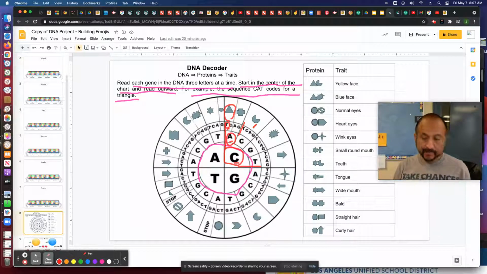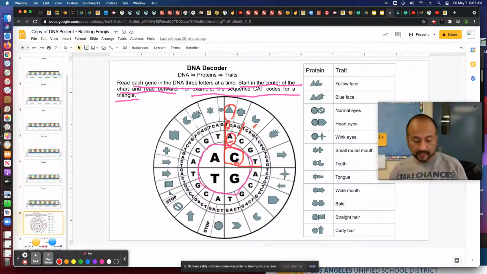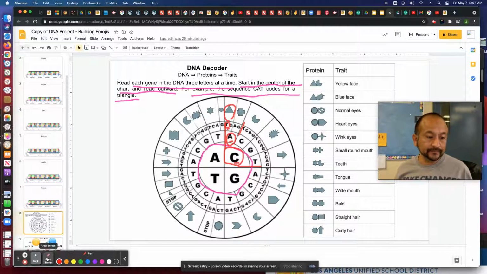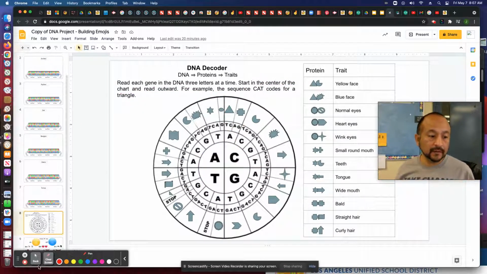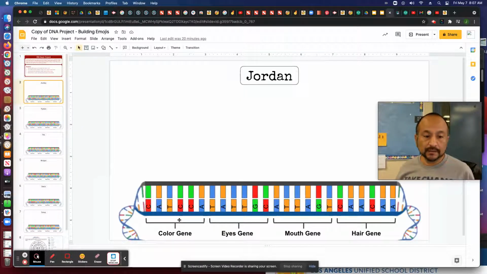So I'm going to draw a triangle. I drew a triangle on my notes, and now I'm going to clear the screen because we figured it out, and we're going to head back to Jordan and look at his DNA sequence.